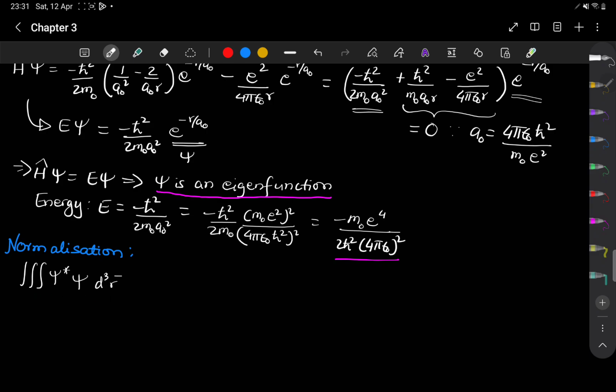We need to evaluate this mod psi squared over the entire volume to find out the normalization, and this should turn out to be equal to 1 for a correctly normalized wave function.